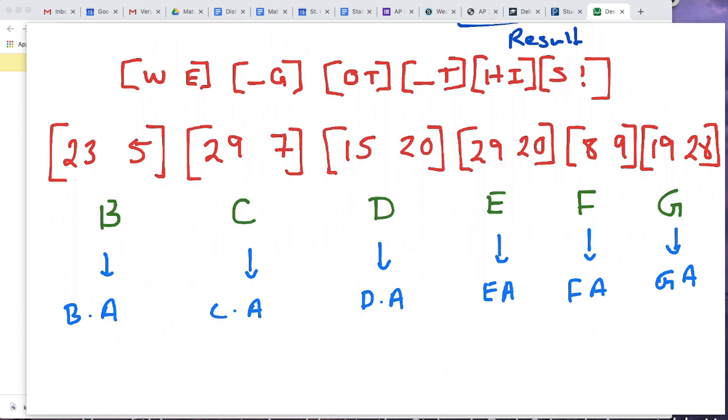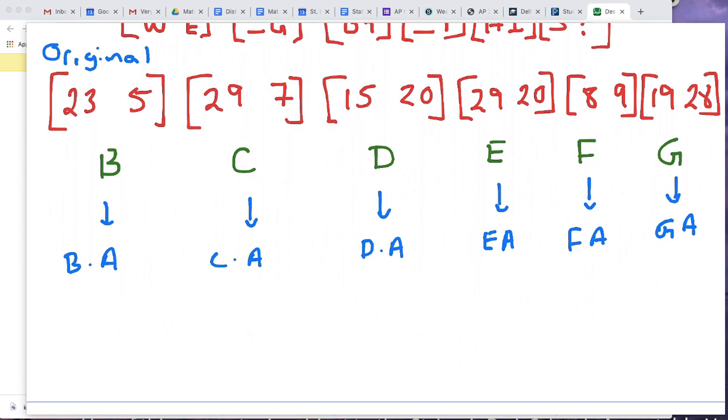And so this is our original grouping of matrices. And what we're going to come up with is a coded version of these matrices.